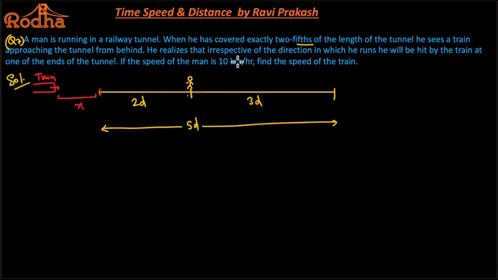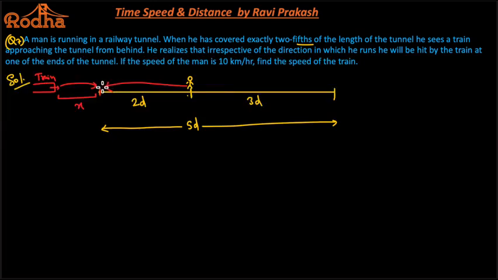ठीक है. तो point basically क्या है कि, if the person is running in this direction, in that time the train also will reach from here to here. It says that irrespective of where he runs, he will be hit by the train.